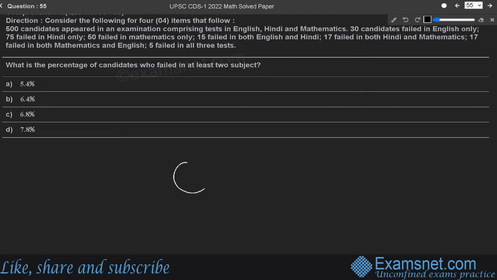There are 3 subjects: English, Hindi and mathematics. So consider this as English, this will be Hindi and this will be maths.